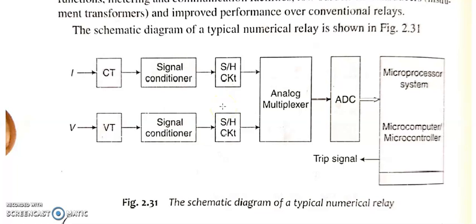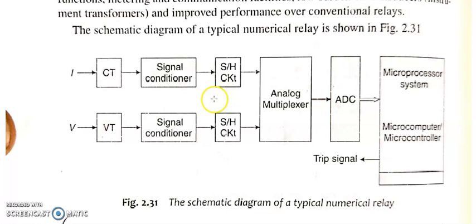It also removes the high frequency components from the signal using analog filters. So basically it acts like a filter which removes high frequency quantities and reduces the signal value as per the sample and hold circuit.